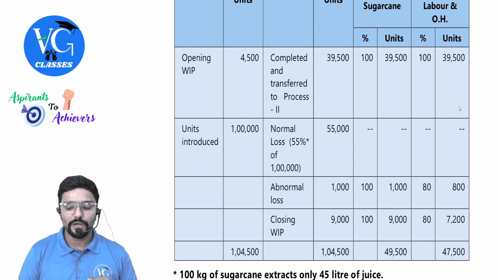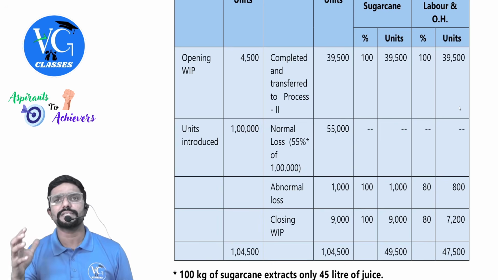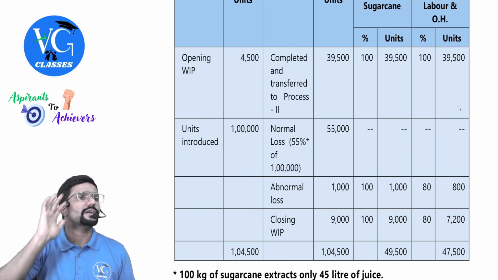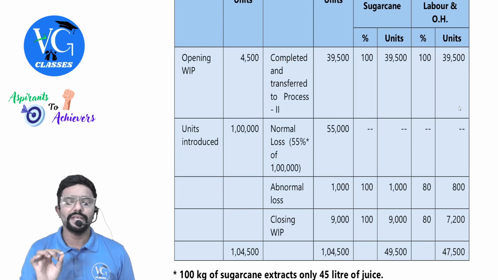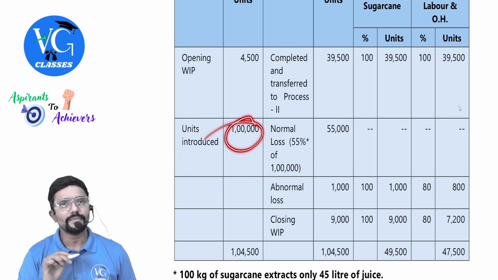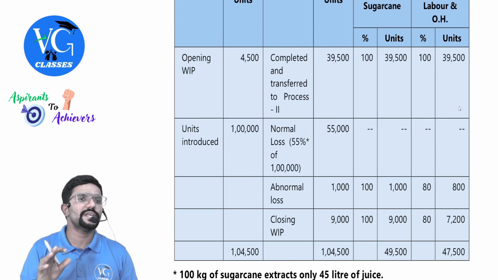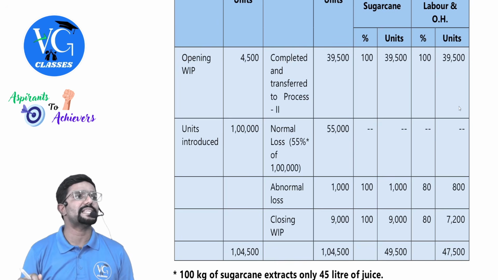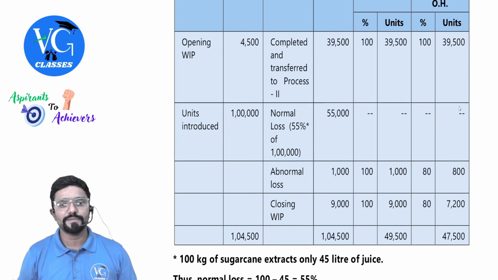Please be careful: normal loss might change from question to question. Normally, if they give 5 or 10% on the total input including opening WIP, we take it on both put together. But here it is only on 1 lakh, so 55,000 it comes to.